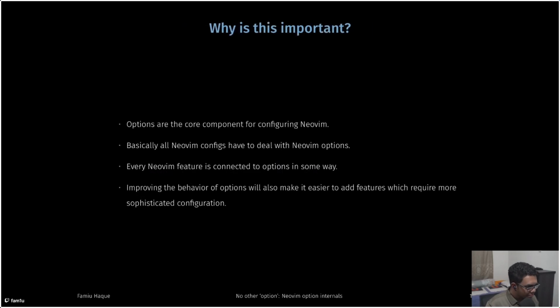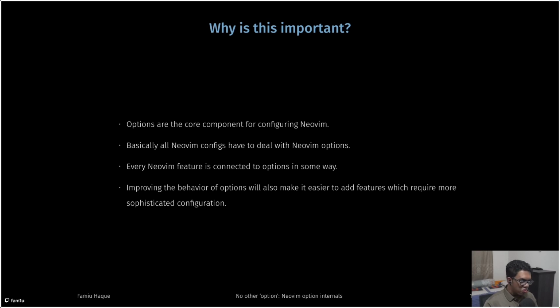moving on. Why is all of this important? Like, who cares? Why should you care? Who gives a damn about this? Well, let's see. Options are the core component for configuring Neovim.